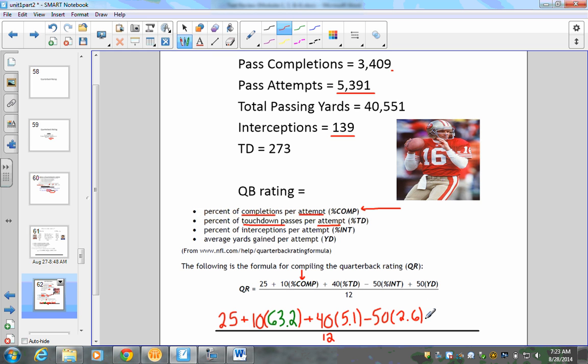Now, the one thing you are not going to do a conversion on is the yards. Notice with the yards, there's nothing that indicates percents. So there's no conversion, no percentage, nothing. What you're doing is just getting an average. The average is the average yards per attempt, which means you're taking the total yards, which is 40,551, and dividing that by the attempts, 5,391.